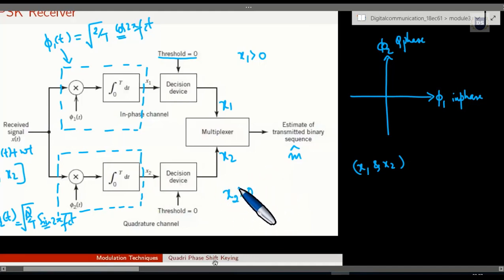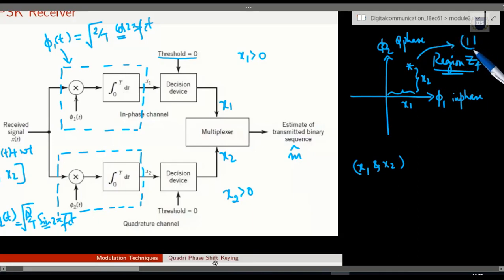If both are greater than 0, I have to plot that received signal in region Z4. In order to plot this point, I traverse a distance of x1 along phi1, followed by a distance x2 along phi2. If this point falls anywhere in region Z4, I can conclude that the transmitted message is 11, which will bring me correct decoding.